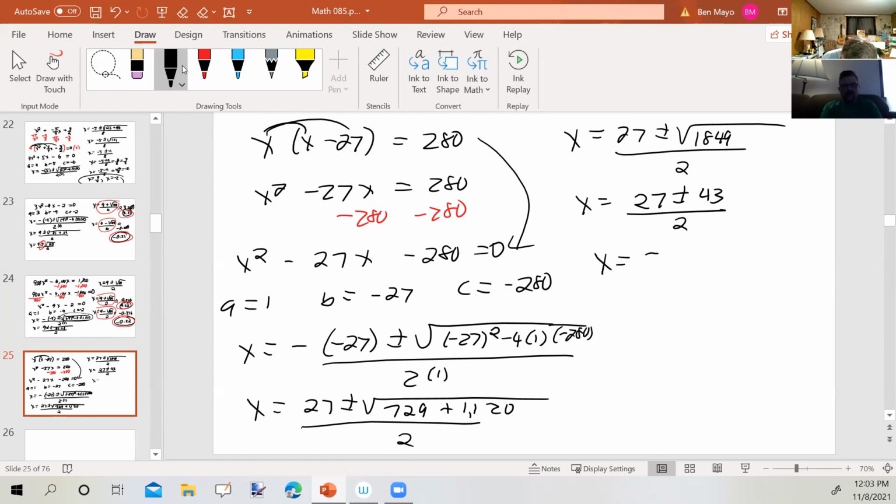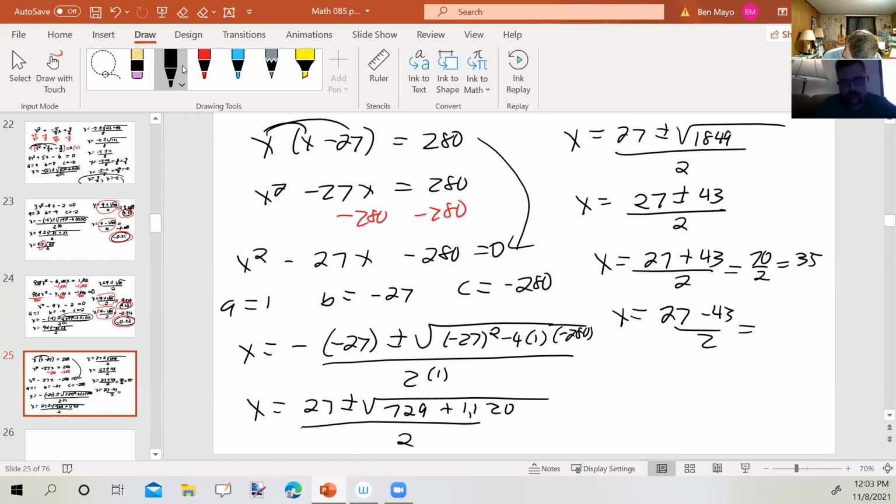So x equals 27 plus 43 over 2, which is 70 over 2 or 35. X equals 27 minus 43 over 2, which is negative 16 over 2. Is that right? Yeah, which is negative 8. So x is 35, x is negative 8.